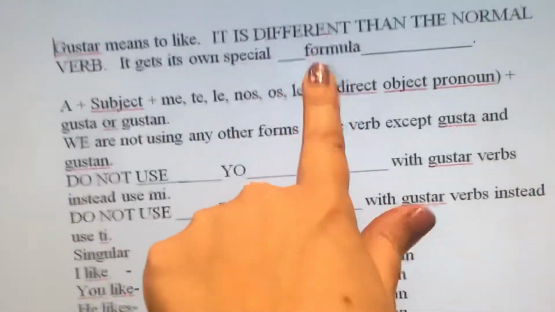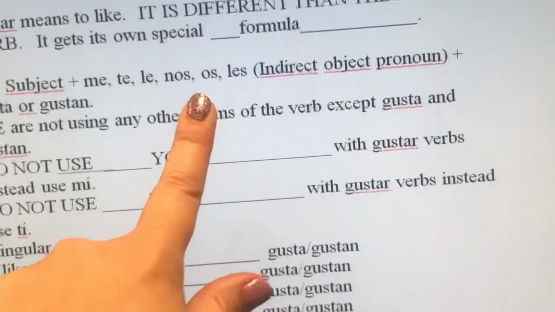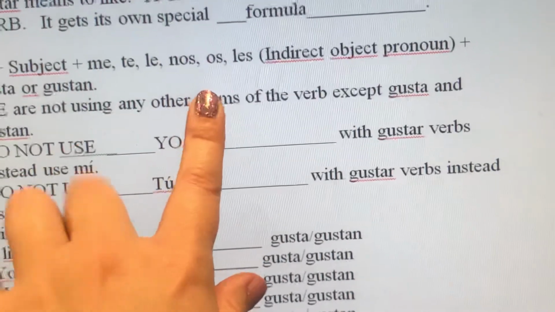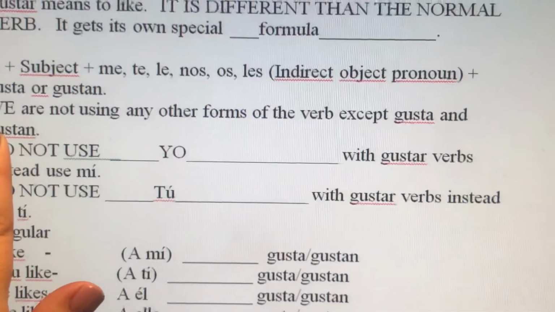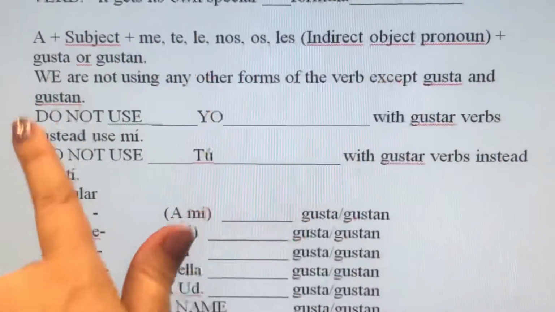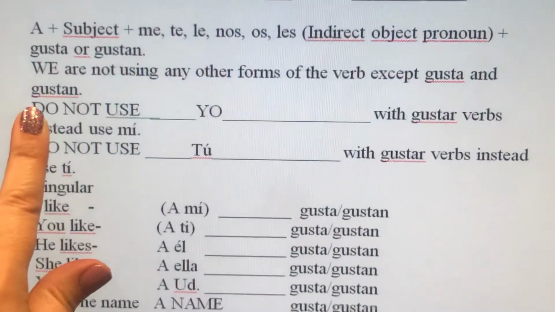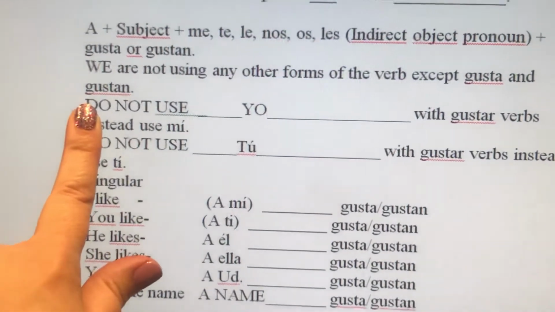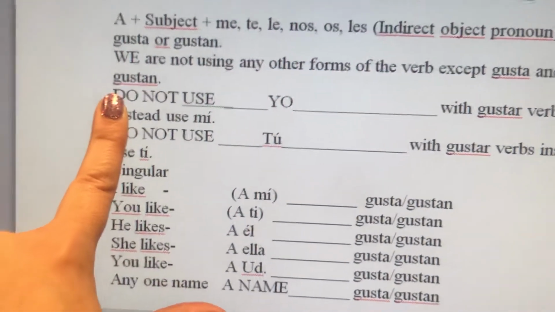Then you have the indirect object pronouns. We just reviewed indirect object pronouns: me, te, le, nos, os, les. Now, with Gustar verbs, you're using gusta and you're using gustan, okay? So we'll talk about how to choose between the two.